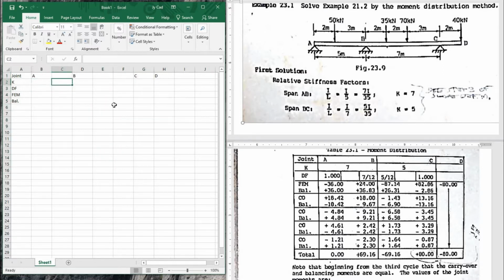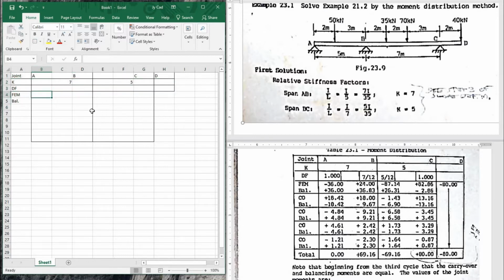Okay, para sa K, you have 7. Okay, for section AB, 7 ang kanyang K. For section BC, ang kanyang K ay 5. Okay, next. Okay.